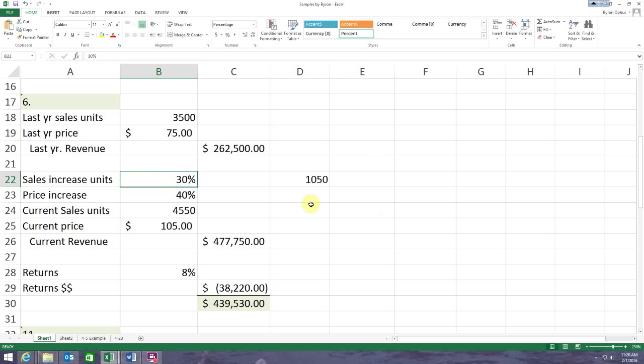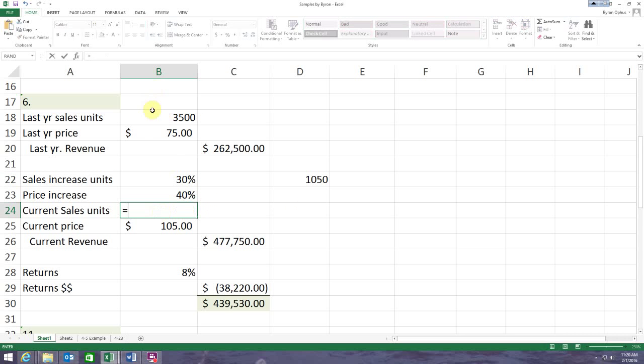If you put that into a formula, it would be equal to last year's sales times parentheses 1, because basically that's just giving us last year's sales, plus the percent increase, right, which is 30% or 0.30.